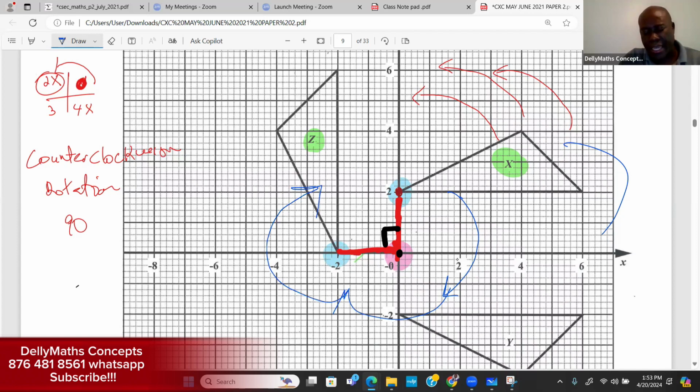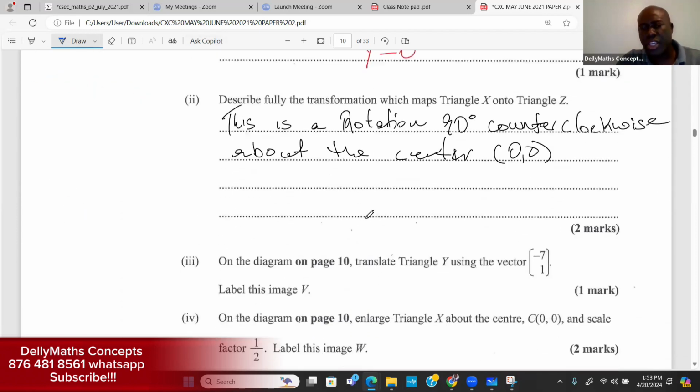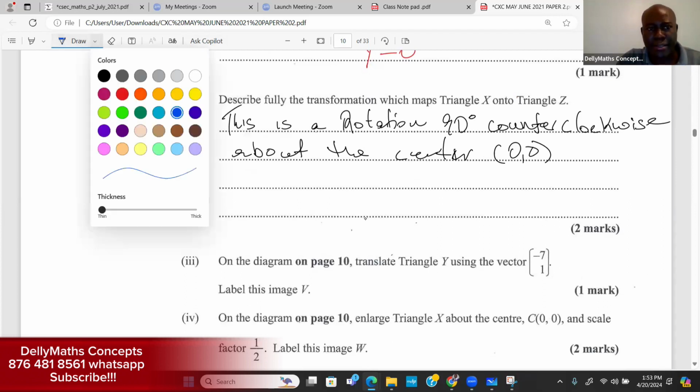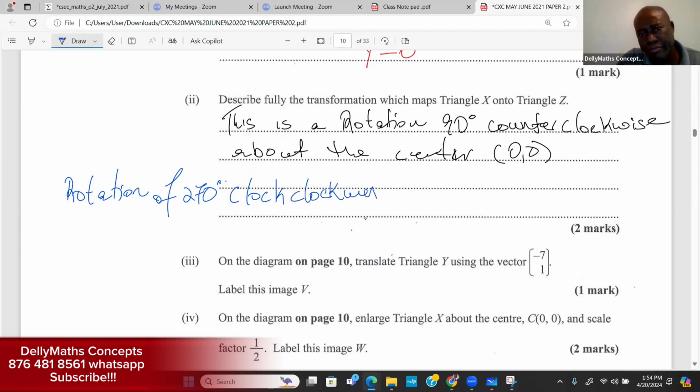So that would have been 3 90s. So bear in mind that this same thing could have been called a rotation of 270 degrees clockwise, not anti-clockwise now, clockwise, about the center 0, 0.